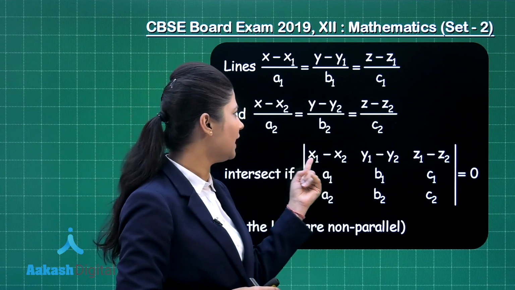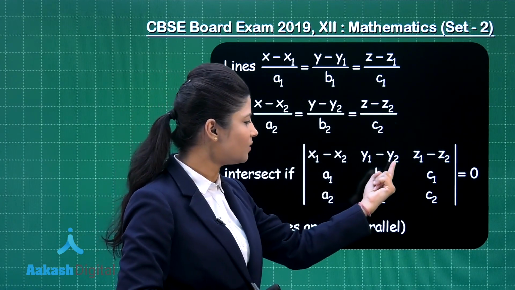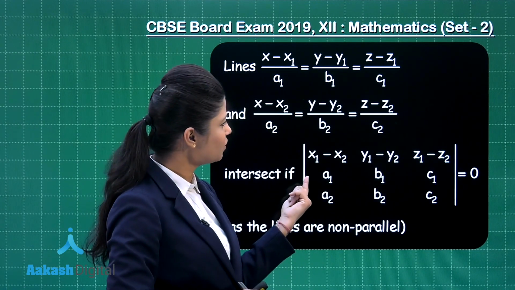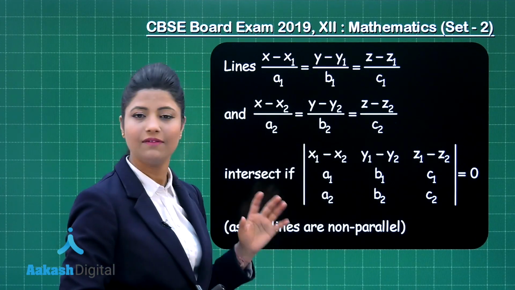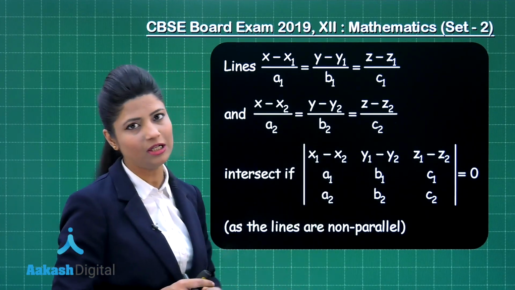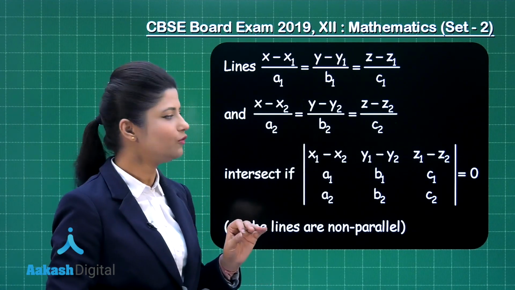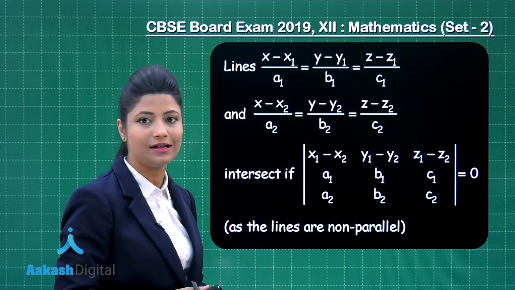In this determinant, I take the differences of x1 and x2, y1 and y2, z1 and z2, and here I have the direction ratios of the first line and here the direction ratios of the second line. If you obtain the value of this determinant equal to 0, then you can say that the two lines are intersecting. If you don't get the value 0, you can say that the lines do not intersect.